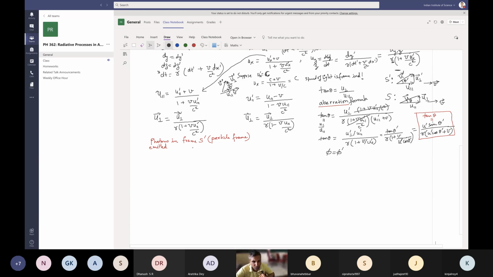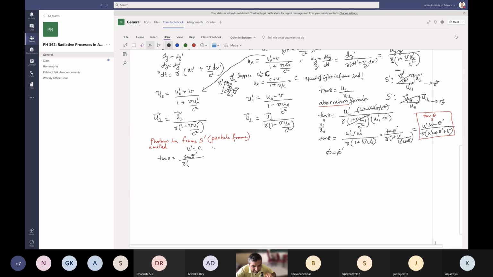Okay, so for photons, what happens? For photons, u prime is equal to c. Photons are moving at c, the speed of light. So what happens in that case? Tan theta is equal to sine theta prime divided by gamma.